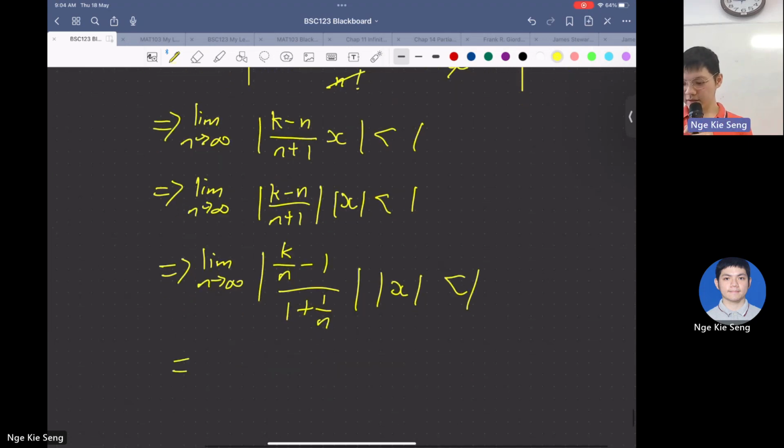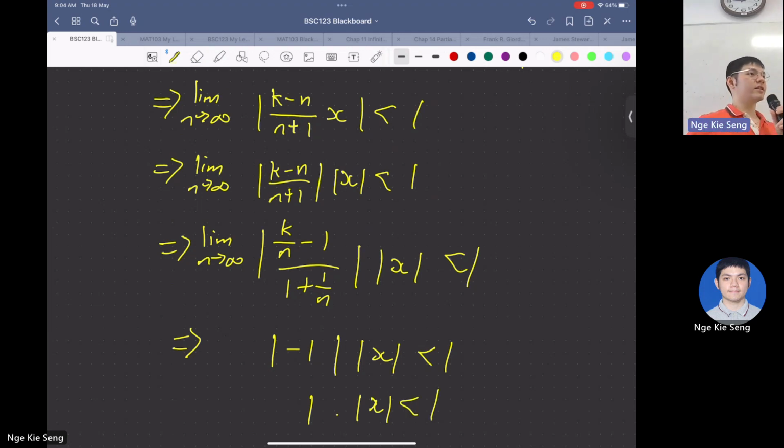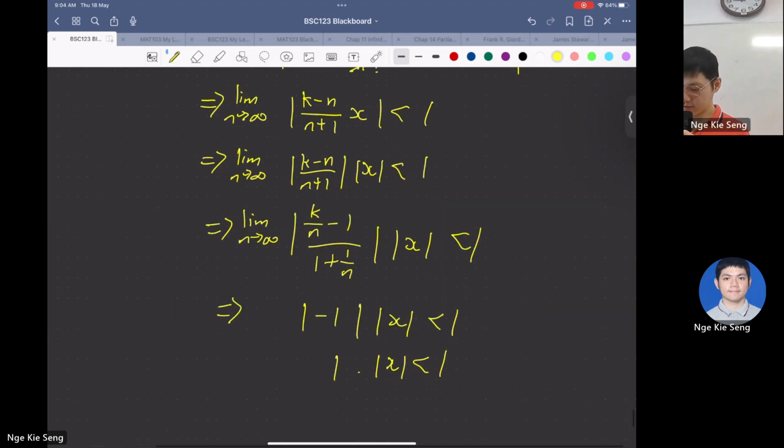So this limit goes to minus 1, after taking modulus it is just 1. So you can see that this modulus is really doing some job here. And so the radius of convergence is 1. Again, radius of convergence is 1.